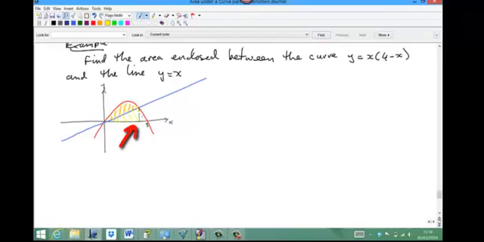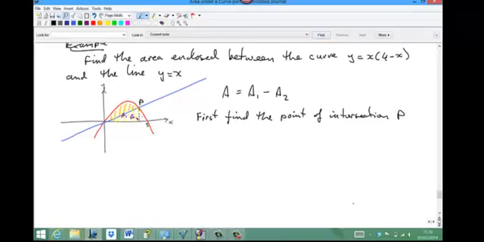And then we need to subtract the area of the triangle, which we'll call A2. We'll call the whole area A1. And so A, the area required, is A1, the area under the curve above the x-axis, minus A2, the area of the triangle.